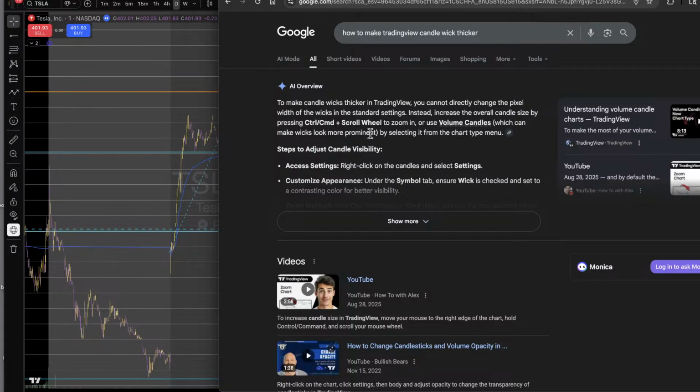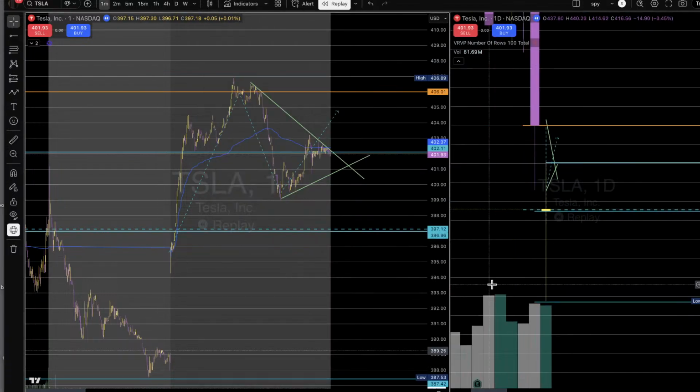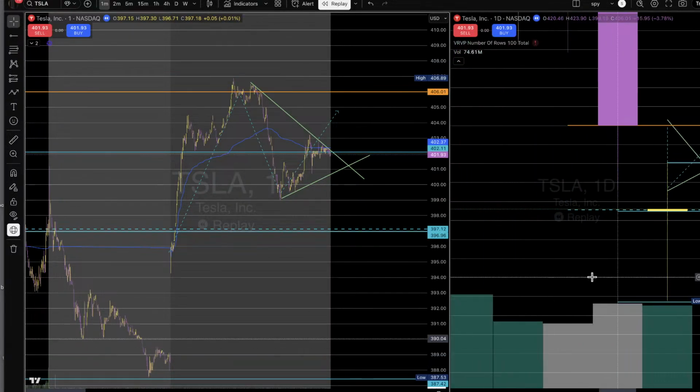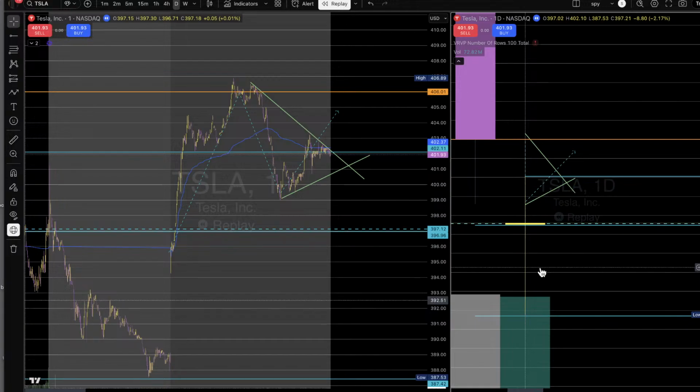Control, Command, scroll to zoom in, or volume candles, or use volume candle which can make wicks look more prominent. Huh? Because if I zoom in, it doesn't make it thicker. It just keeps it the same. Why is the body so big and the wick so small? Like, come on, really?